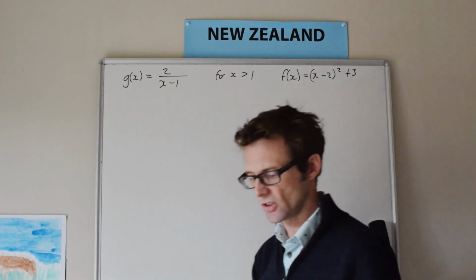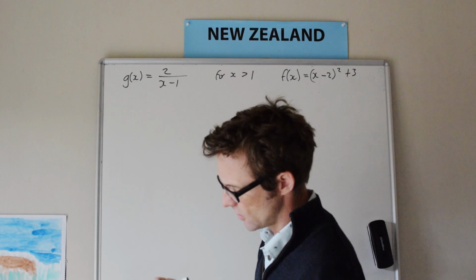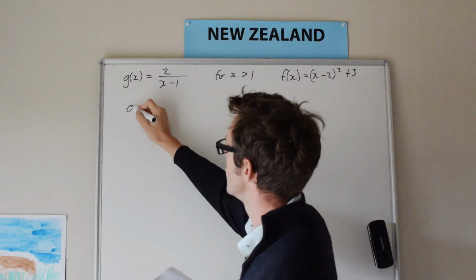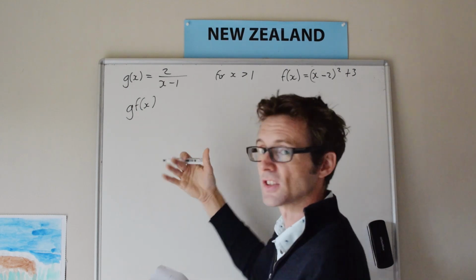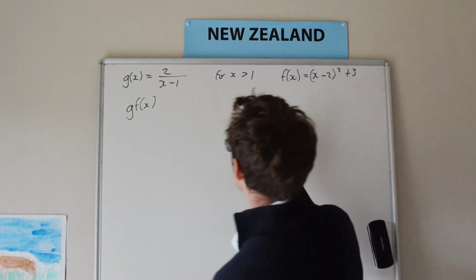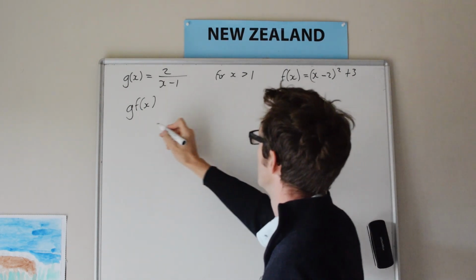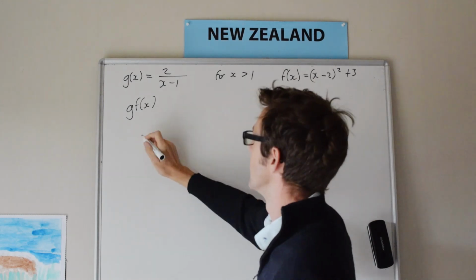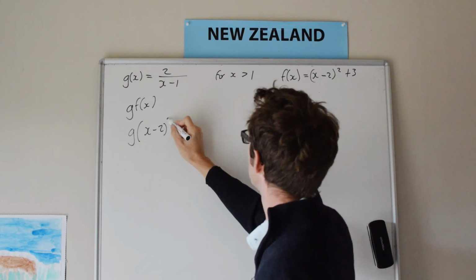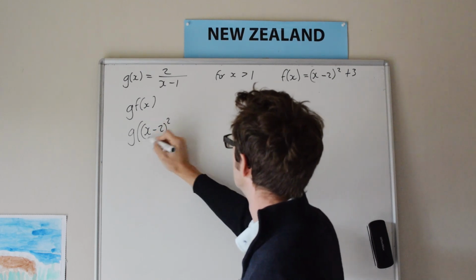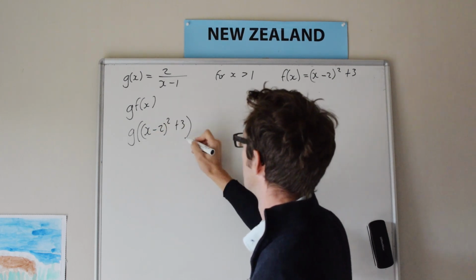So in this last question from the practice ones, what you have to do is find an expression for g(f(x)), this composite function, and state the range for it. So first of all, we're going to start with putting this into this. So it'll be g, and in g we're going to put x minus 2 all squared plus 3.